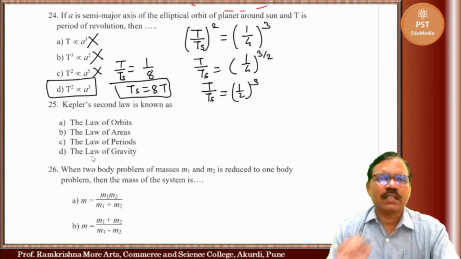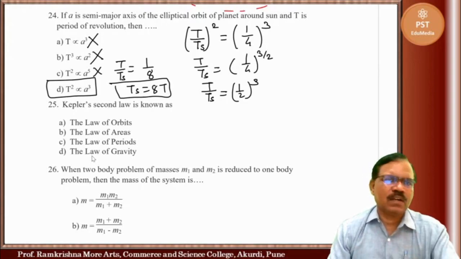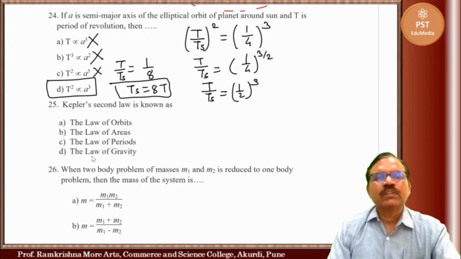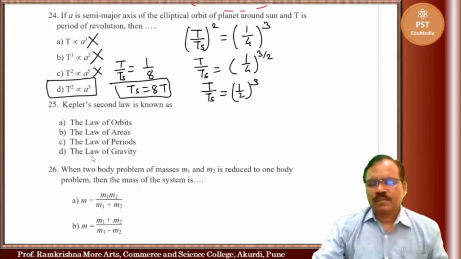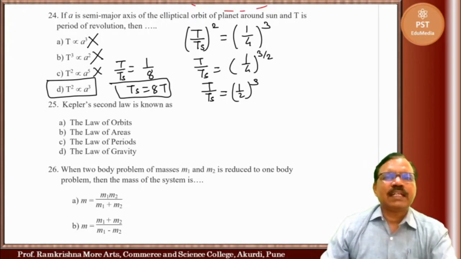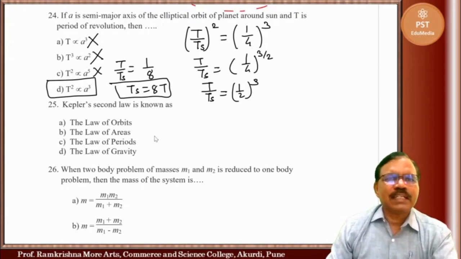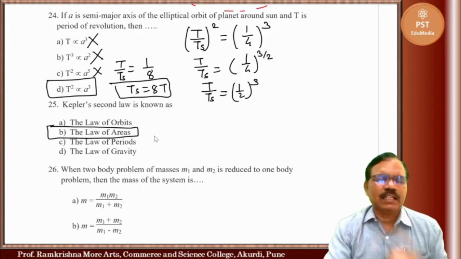These are all incorrect. T square is proportional to a cube. This is Kepler's third law. Now Kepler's second law is known as the law of areas. Equal areas are swept in equal intervals of time.